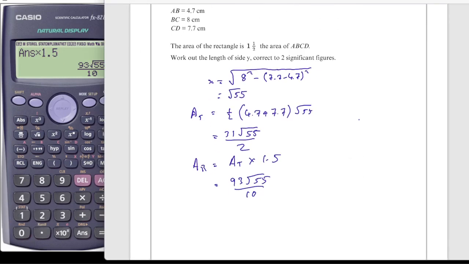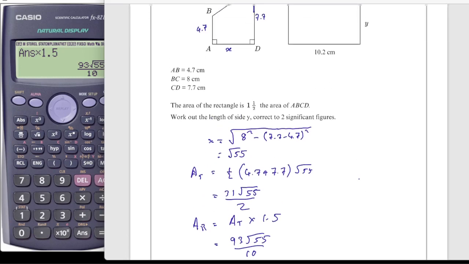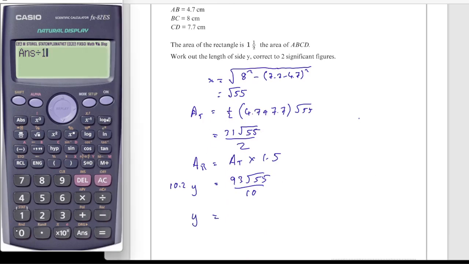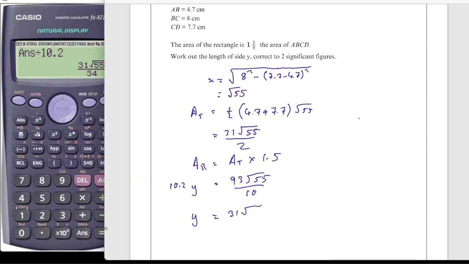Right, and that is also going to be equal to 10.2 times by y. So 10.2y is equal to that. So y is going to be equal to that value divided by 10.2. So if I divide that by 10.2, that will give me my actual value. So I'm going to go 31 root 55 over 34.